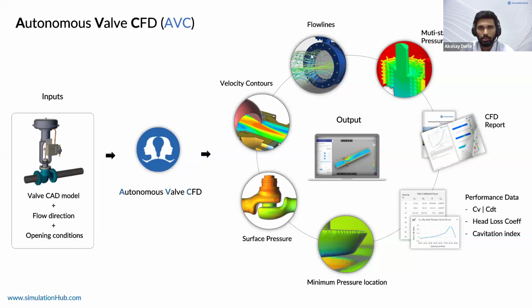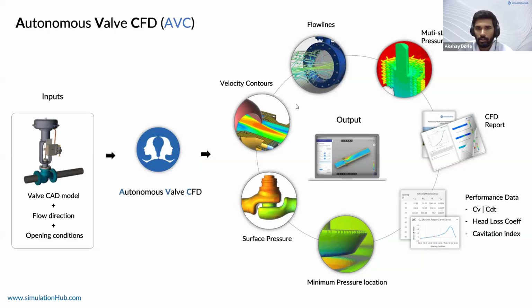So it could be velocity contours, it could be flow lines, it could be surface pressure, it could be minimum pressure location. You could have a multi-stage valve, so you could visualize the multi-stage pressure loss. Apart from all of these qualitative results, you also get a graphical and a tabular representation of flow parameters, which is CV, CDT, head loss coefficient, incipient cavitation index.